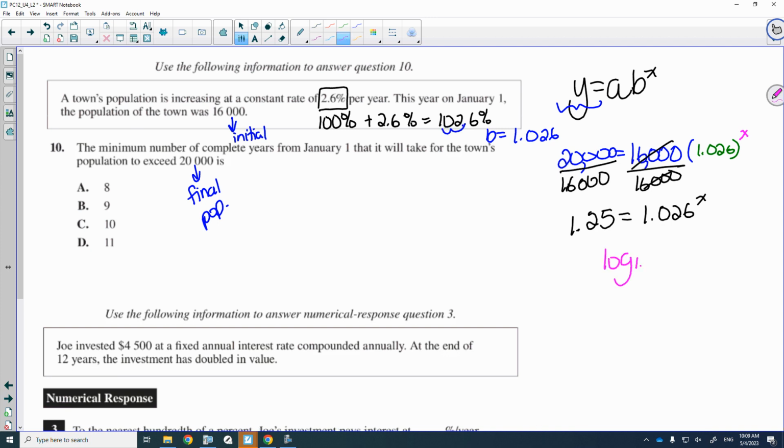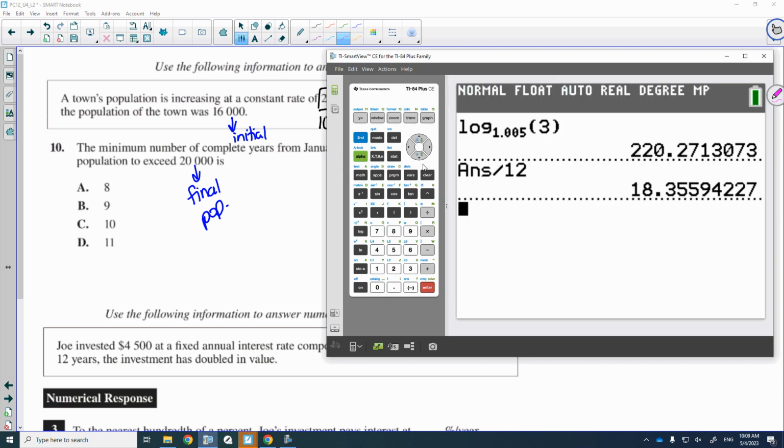Log base 1.026, argument 1.25 is equal to x. See what you get on your calculator. And then there's two answers that most people are going to get, so figure out which one they need to circle. Decide if you know which one it would be.